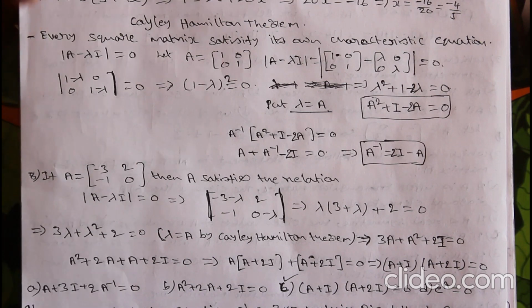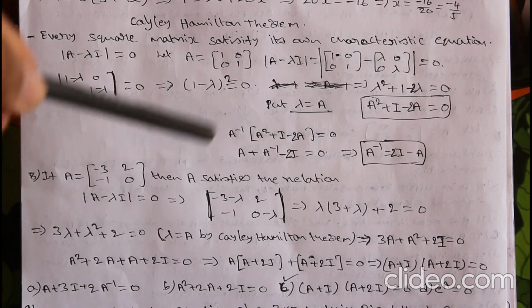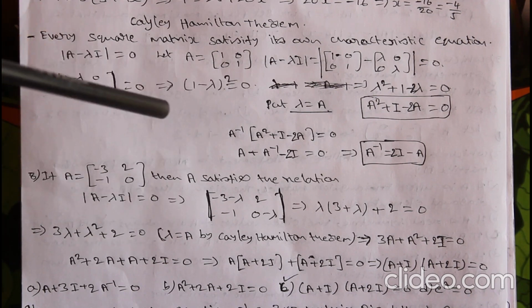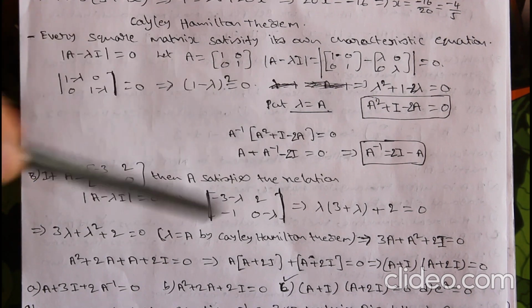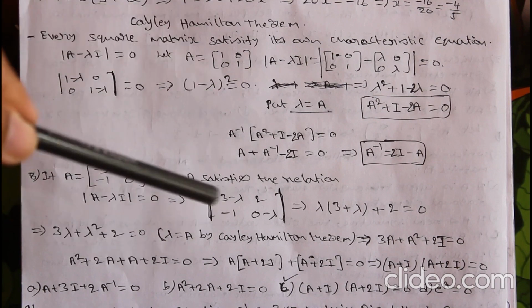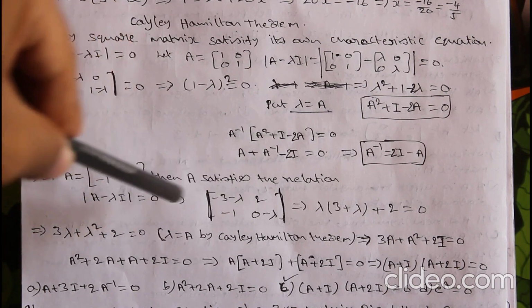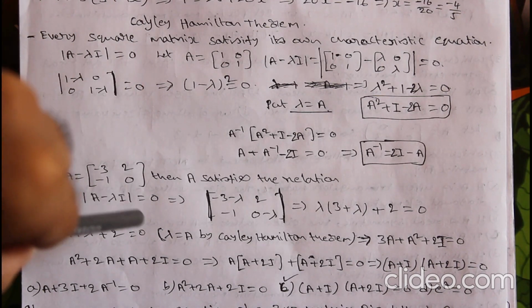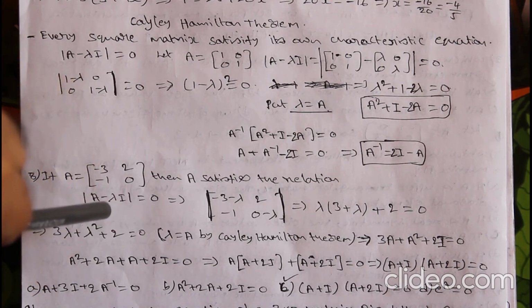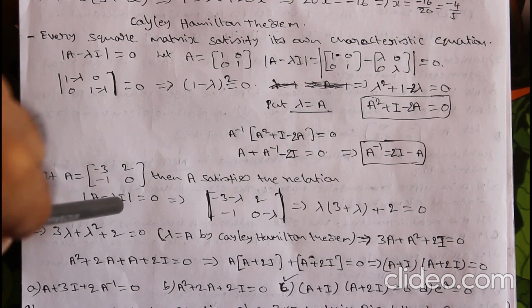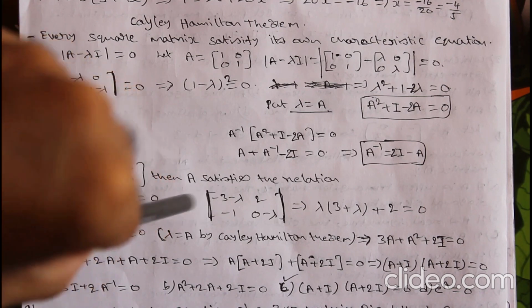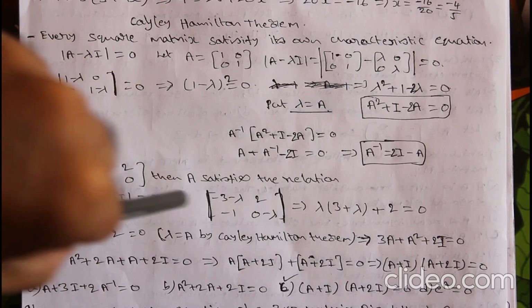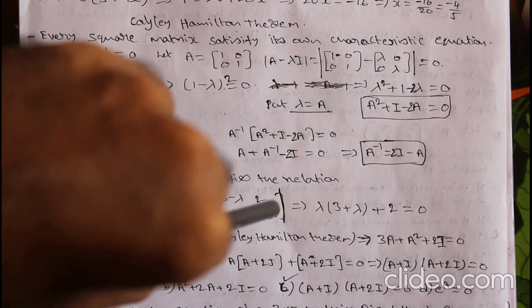If you remember the example, we had to find the characteristic equation, apply Cayley-Hamilton theorem, and then find the relation that A satisfies. So the characteristic equation is determinant of A minus lambda I is equal to 0. So the matrix is minus 3 minus lambda, 2, minus 1, minus lambda, and its determinant is equal to 0.